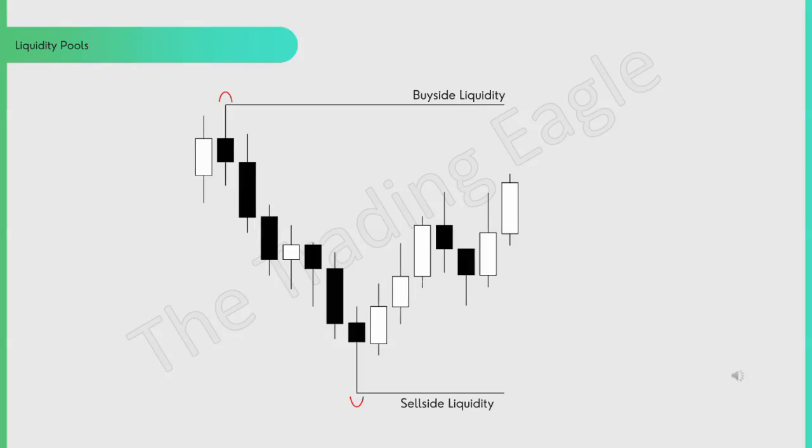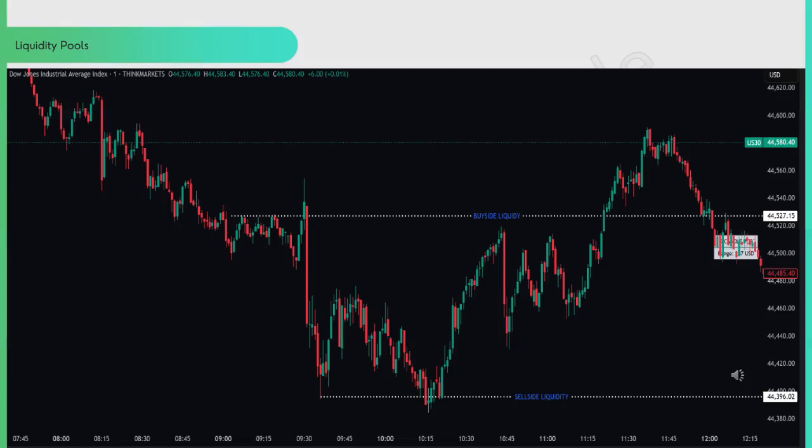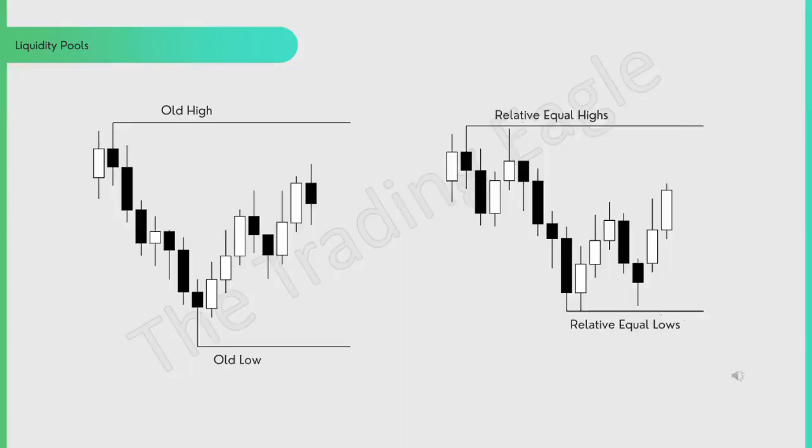Okay, so liquidity pools. What are those pools and how do we recognize them? The common or major liquidity pools are old highs and old lows. We also have relative equal highs and relative equal lows. Why is it called relative? Because it may not be exactly at the same point, but when they are close together, they are called relative equal.